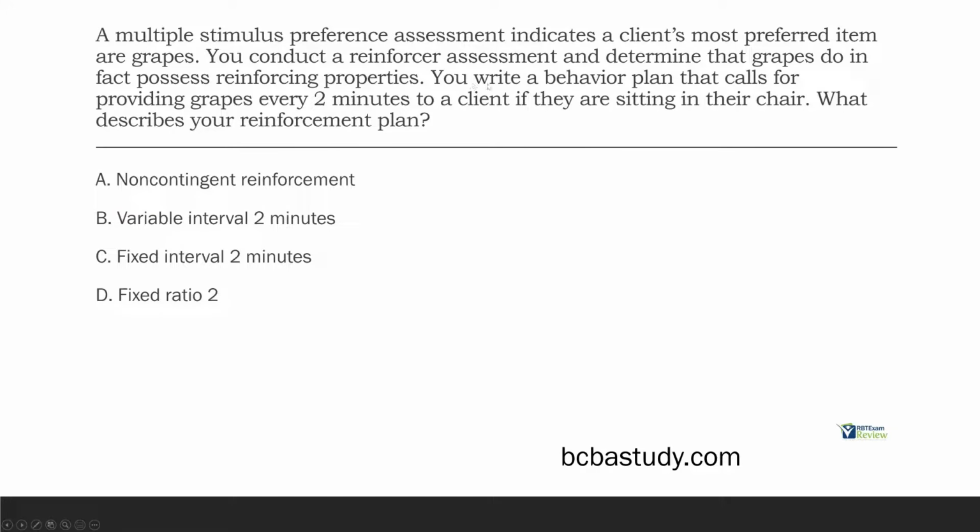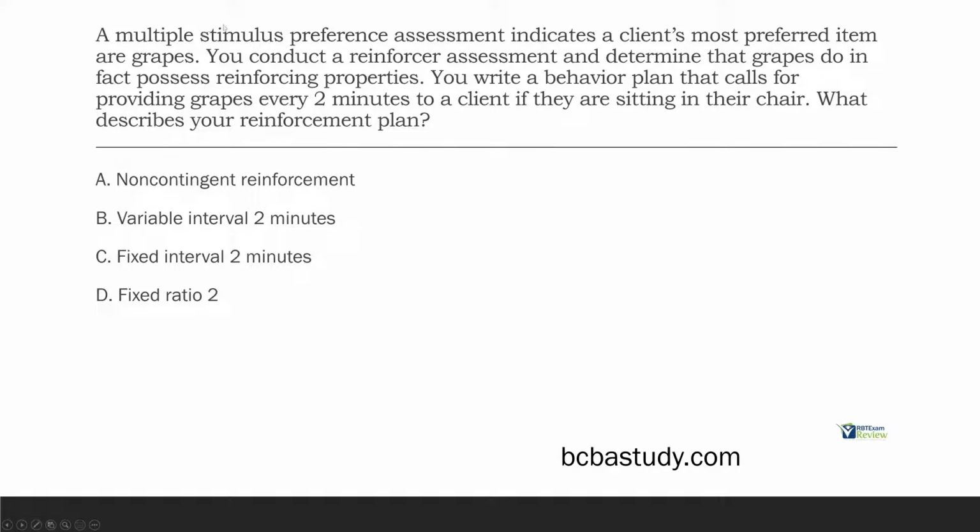A multiple stimulus preference assessment indicates a client's most preferred item is grapes. You conduct a reinforcer assessment and determine that grapes do in fact possess reinforcing properties. You write a behavior plan that calls for providing grapes every 2 minutes to a client if they are sitting in their chair. What describes your reinforcement plan? All right, long, convoluted question. Let's be specific. We are talking about our reinforcement plan. So what is our plan?